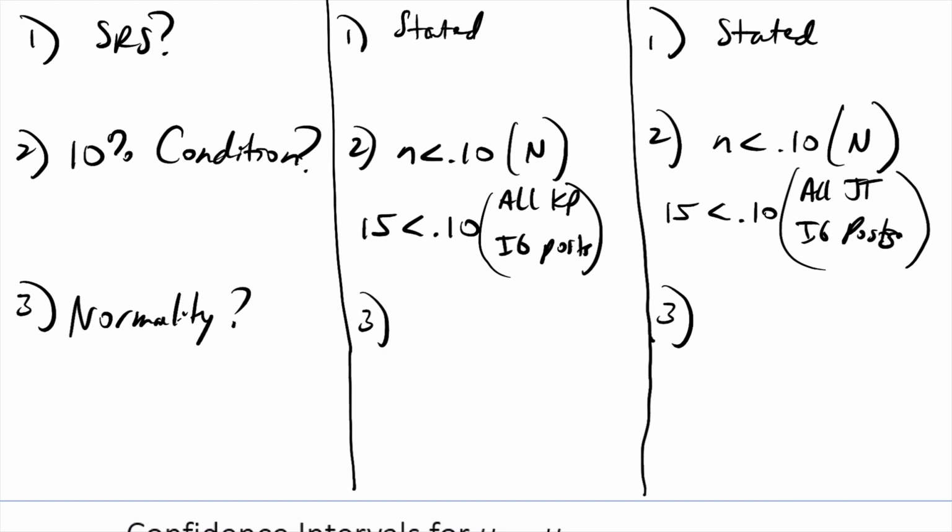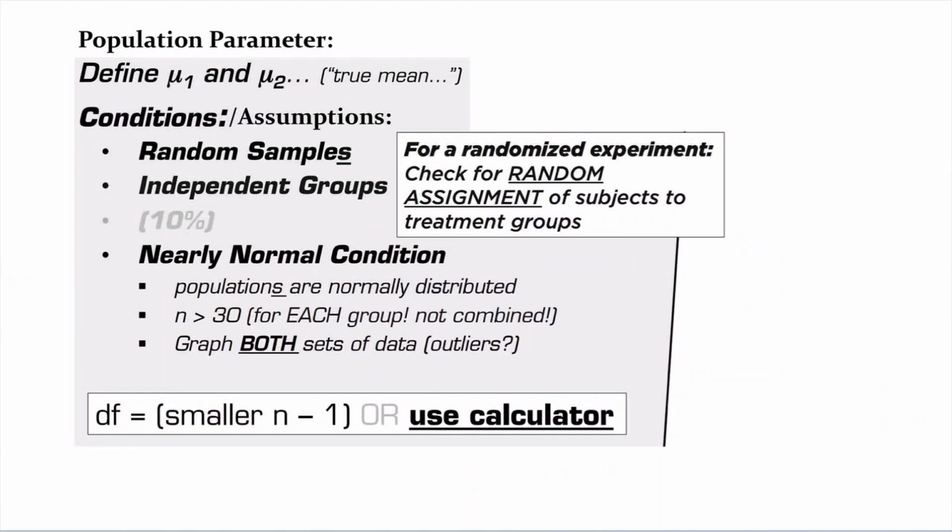Okay, so how do we figure out what are the options for this specific condition number 3? It tells you over 30 or you make a graph. Population is normally distributed. They don't tell us in the prompt, but the number is big enough.